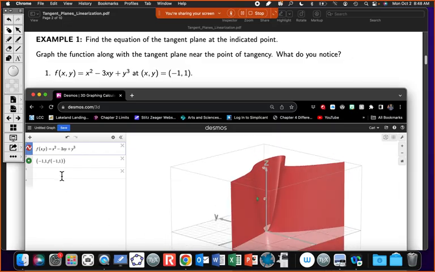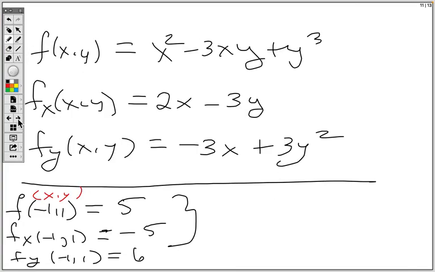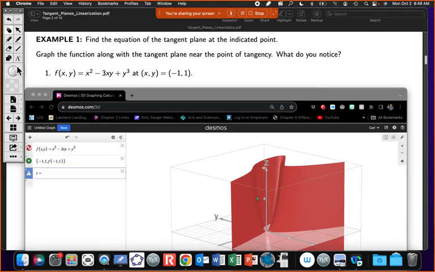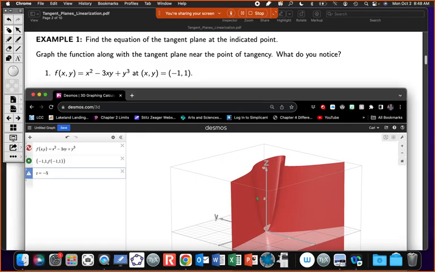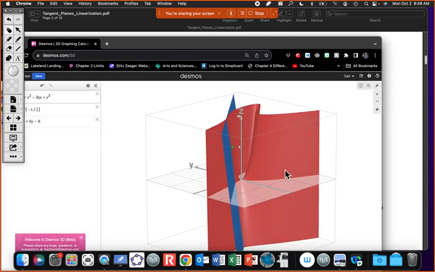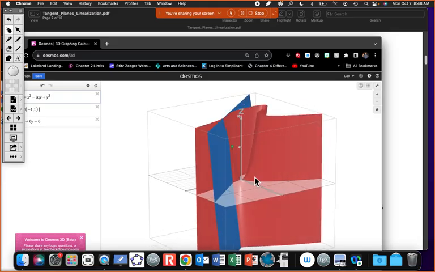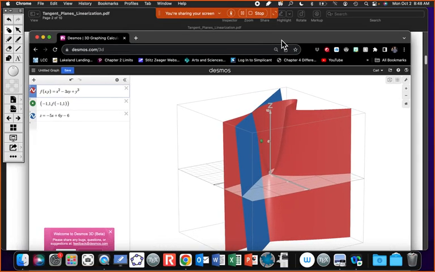And now we'll enter our tangent plane. Z equals, and I forget what we had already, minus 5x plus 6y minus 6. There it is. Okay, now, this really and truly is the tangent plane. Okay, what did I screw up?